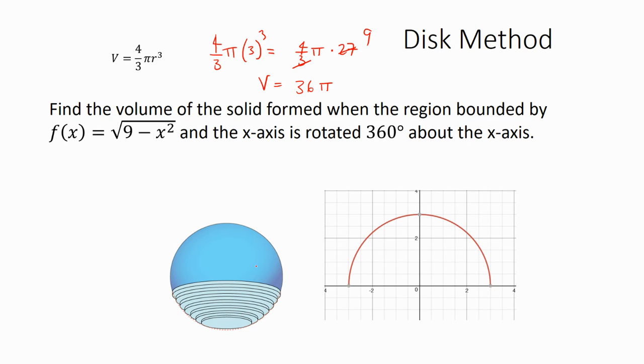If we were to slice this sphere into small slices, we would get cylinders, and the volume of a cylinder is pi r squared h.